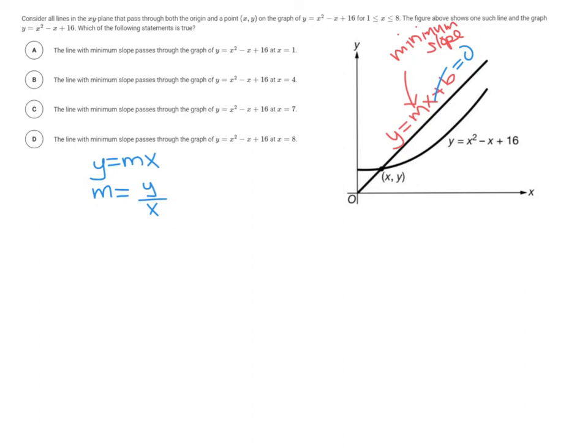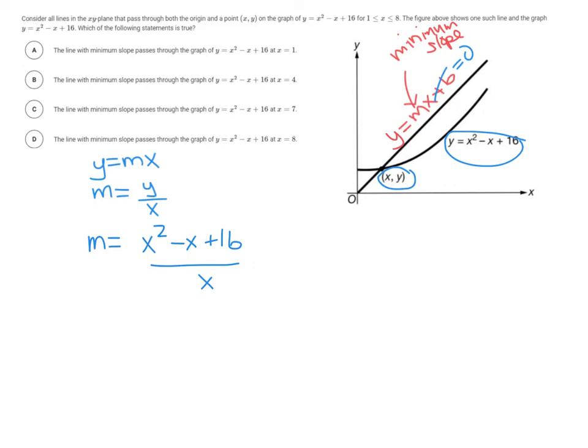So we want to keep in mind that this point xy lies on both y equals mx, and it also lies on this parabola. So what we can do is we can rewrite this as m equals x squared minus x plus 16 all over x.